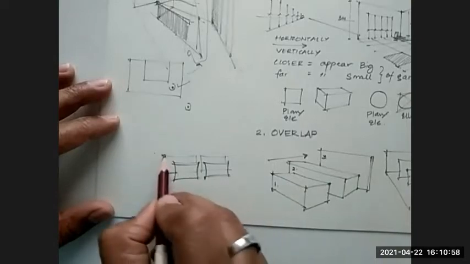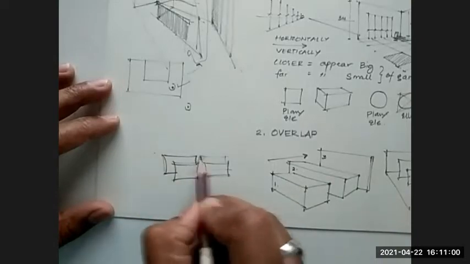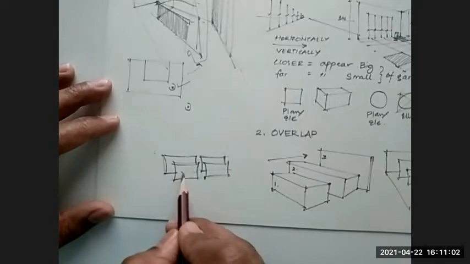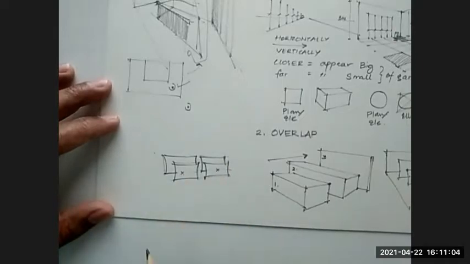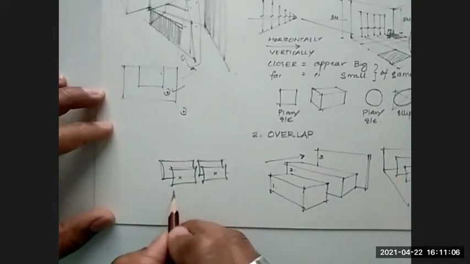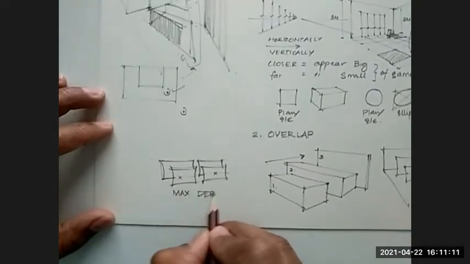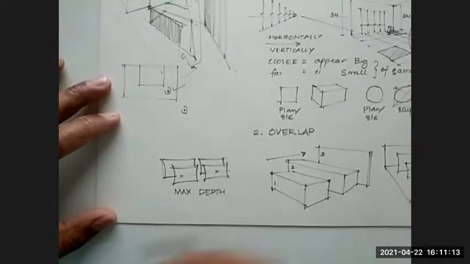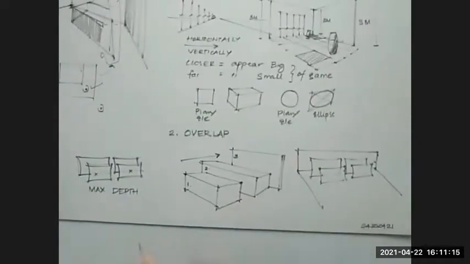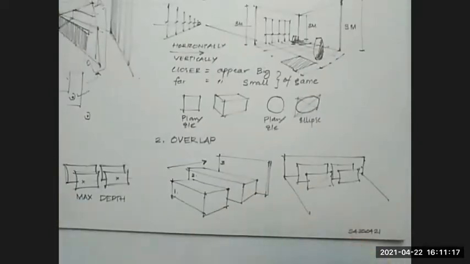Then I will do this, such that I am not inking these lines. So I will see maximum depth. So inking, drawing, everything needs to be looked at in this perspective. The more you overlap, the better the depth.